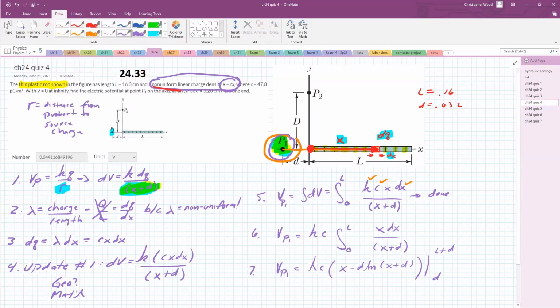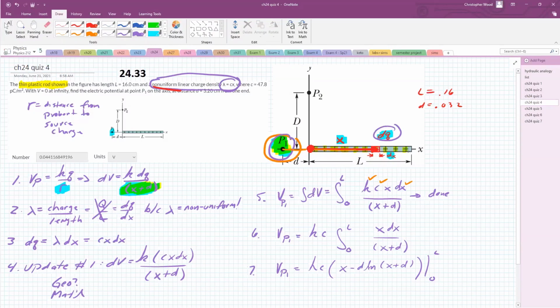That's right. All right. Let me just recap that in case you didn't hear. The fact that I'm using this setup for the distance between Probert and my source charge DQ, X plus D, means I've already accounted for this offset.